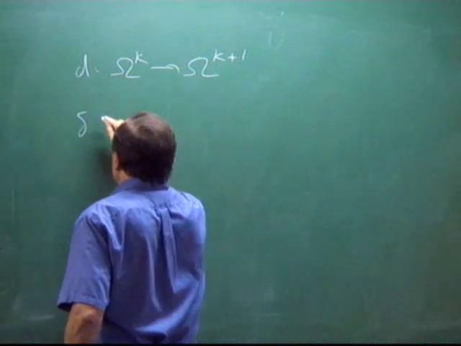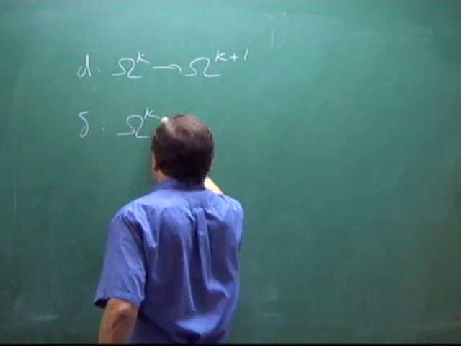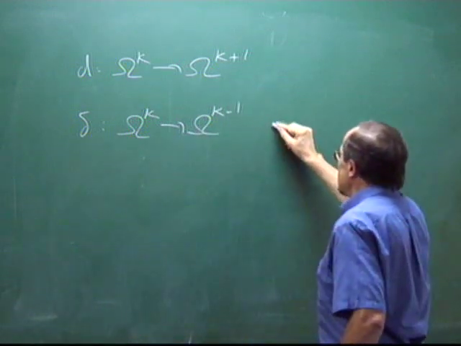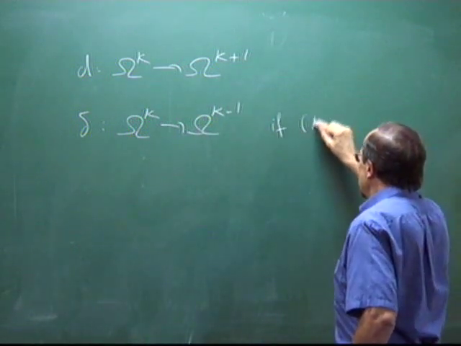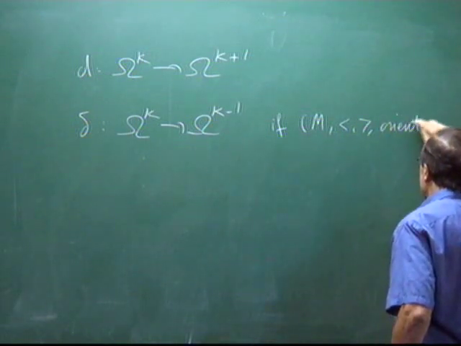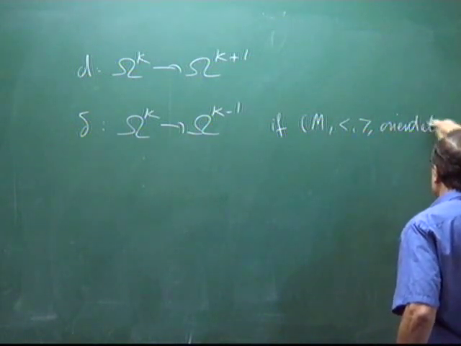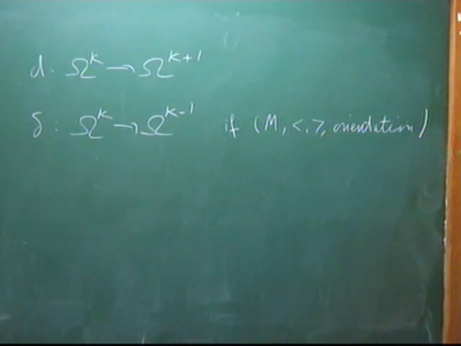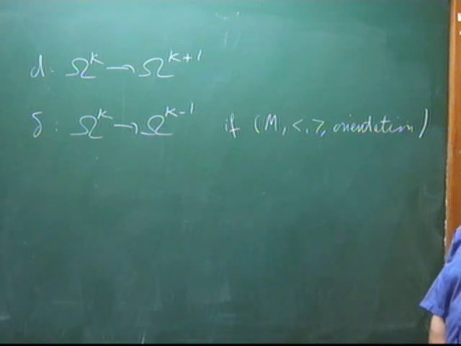And there's an operator delta, which goes from omega k to omega k minus 1, if I'm given a manifold, a metric, and an orientation. So this depends on the metric. It isn't defined independently of the metric. Does anyone remember how it's defined? Have you seen it before?